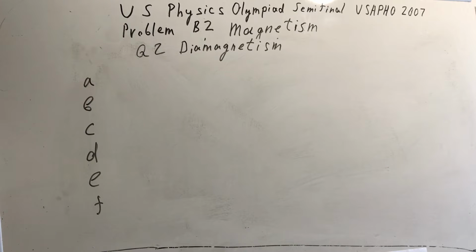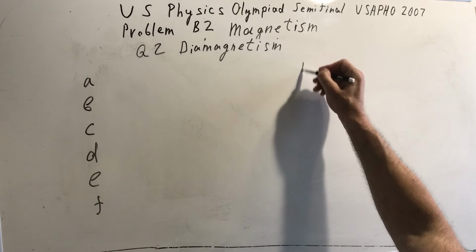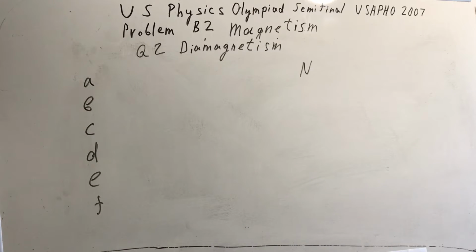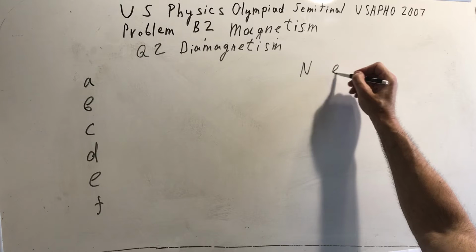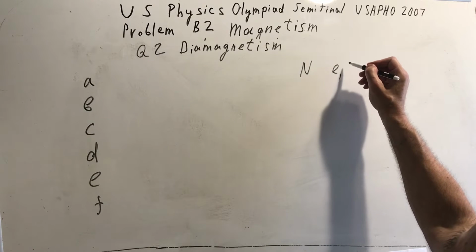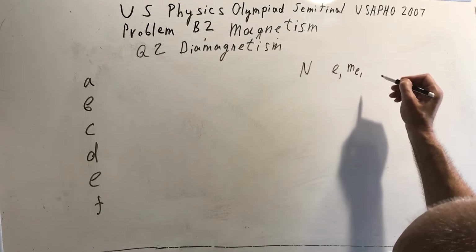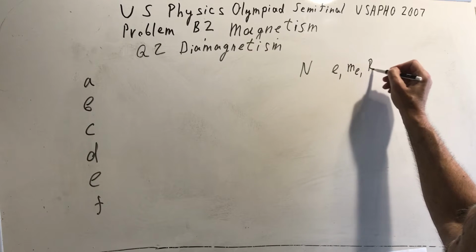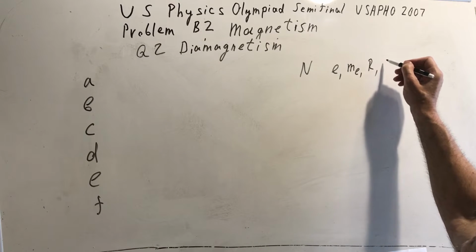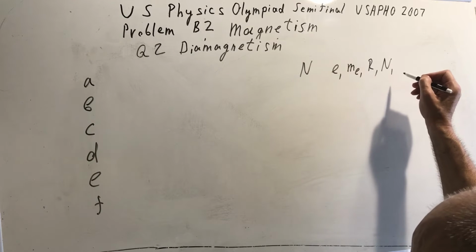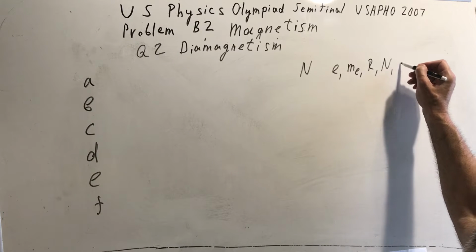So first question. Calculate the total magnetic moment of a diamagnetic substance with the n atoms. And write your answer in terms of any of all the next parameters: charge of electron, mass of electron, radius of orbit, number of electrons, and magnetic permittivity.